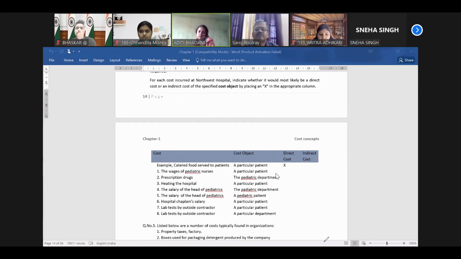Because it is for this particular patient. Complete the sentence. So because there is a particular patient, why are you saying that it's a direct cost? Why not indirect?